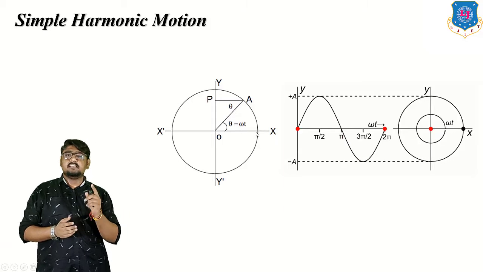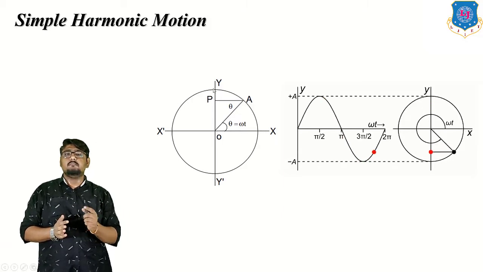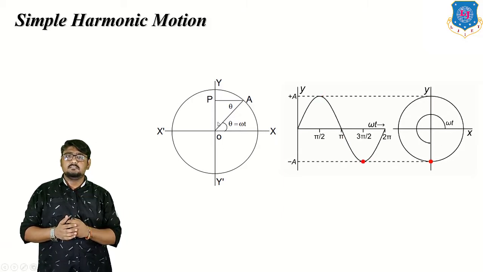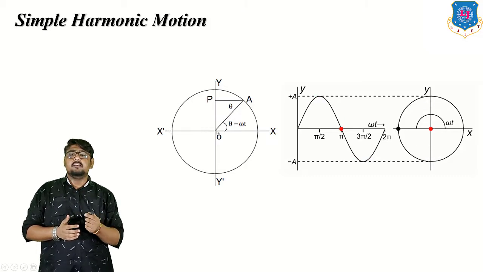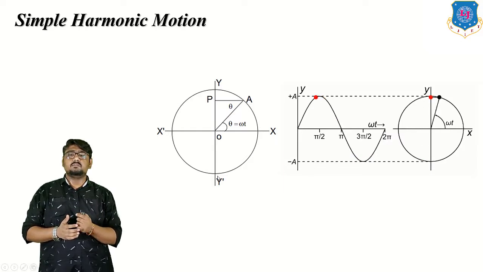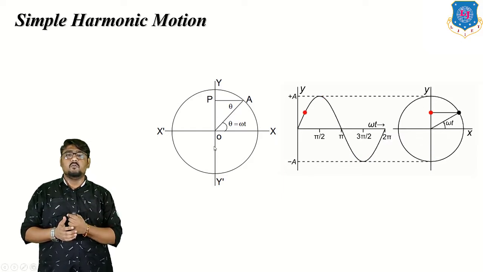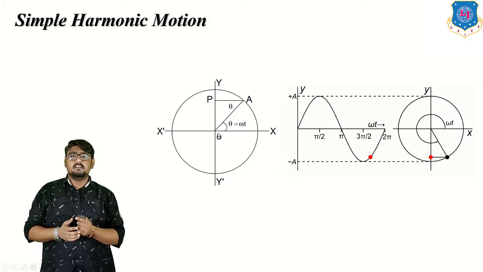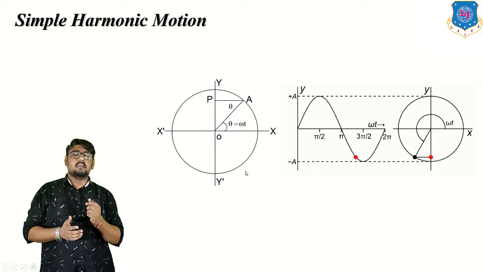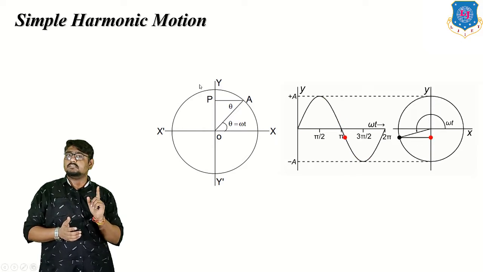When the particle reaches x dash, the projection comes back to O. When the particle reaches y, the projection also reaches y, and when the particle comes to x, the projection comes back to O. Thus as the particle moves along the reference circle, the projection moves along the diameter y and y dash.